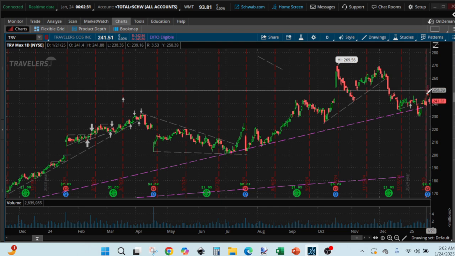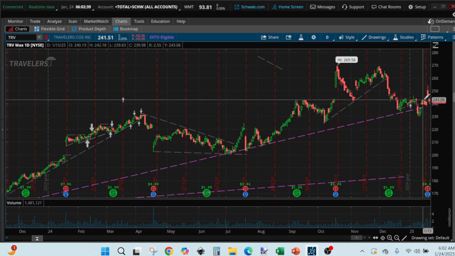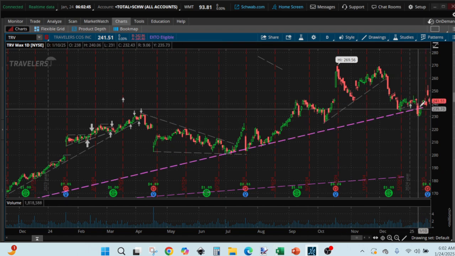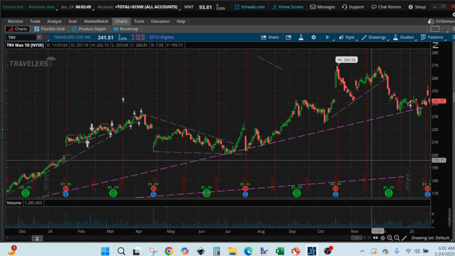Red bar just means the price at the end of the day was lower than the price in the morning when the markets open. So 3 days in a row or 4 days in a row, pretty much this week the price went down, but it's still a little bit higher than where we bought it.